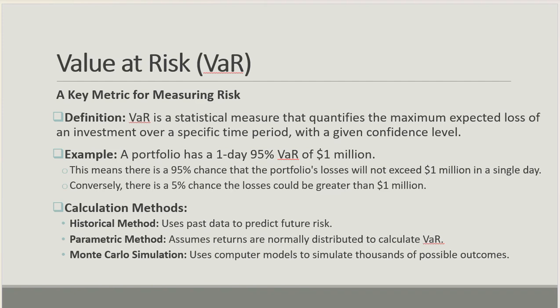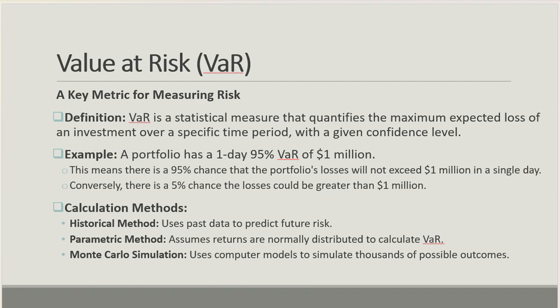So that will tell us the maximum loss that a bank, financial institution, insurance firm or hedge fund can take over a certain time period with a certain confidence level. Suppose, for example, a portfolio has a 1 day 95% VaR of 1 million. That means there is a 95% chance that the portfolio will not lose more than 1 million in a single day.